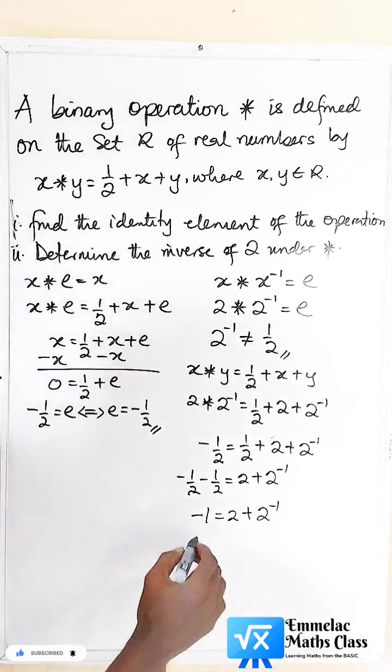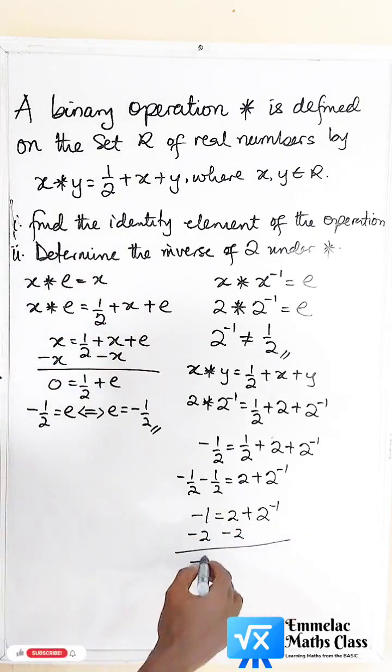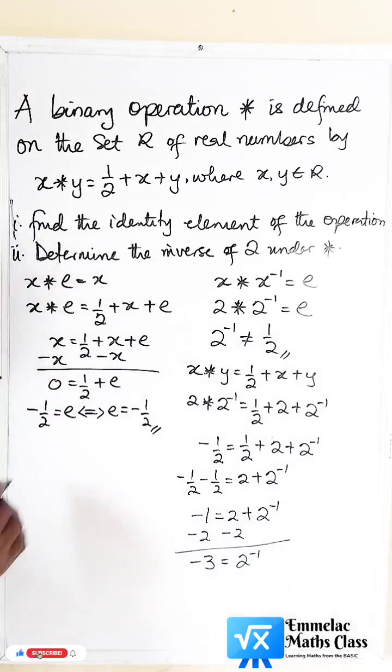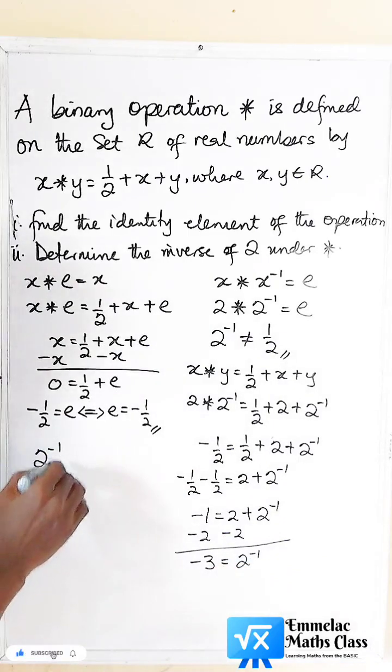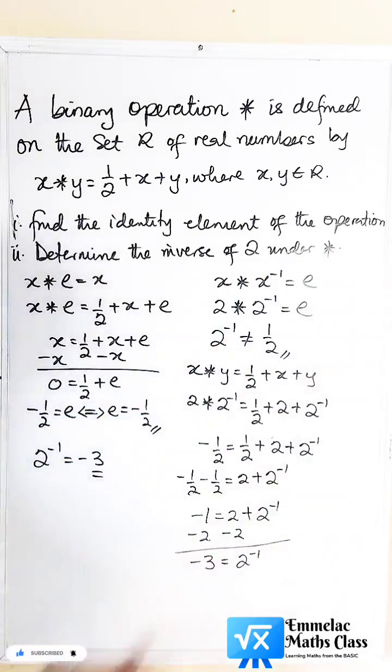So let us subtract 2 from both sides. So here we have negative 3 equals the inverse of 2. So the inverse of 2 equals negative 3 under this asterisk operation. All right, that's the final answer.